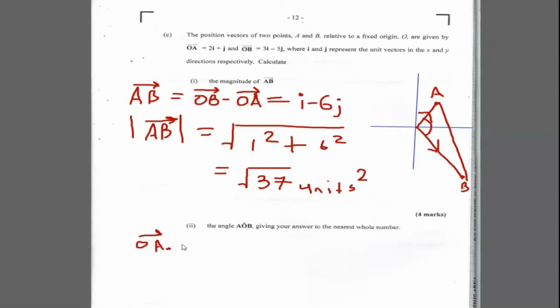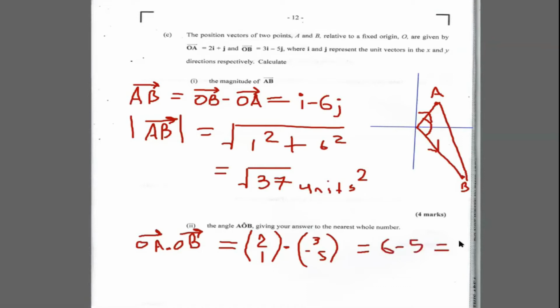OA dot OB is equal to (2, 1) dot (3, -5). We work this out: 2 times 3 is 6, minus 5, and 6 minus 5 is 1. So that's OA dot OB, which is 1.